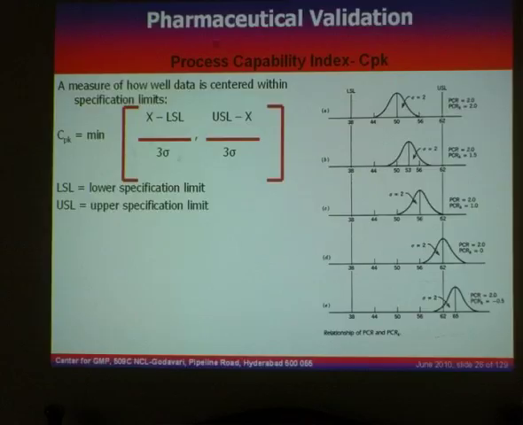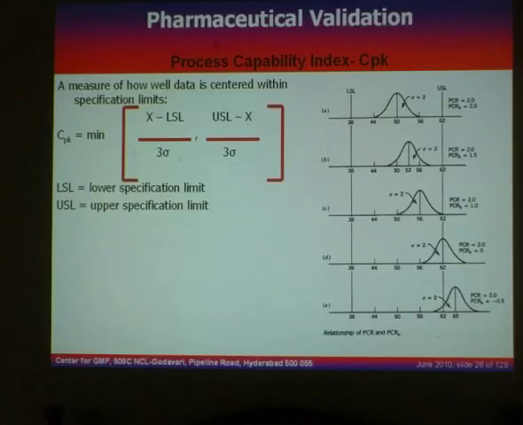So there is a new term called CPK, or real process capability ratio: upper specification limit minus mean divided by 3 sigma, or mean minus lower specification limit divided by 3 sigma. Whichever is lower, that is your real process capability ratio.